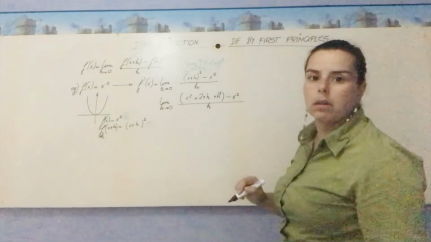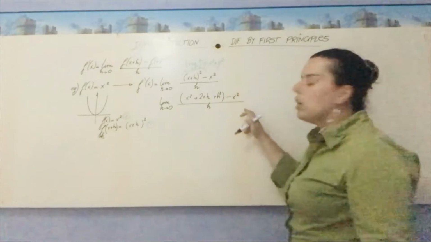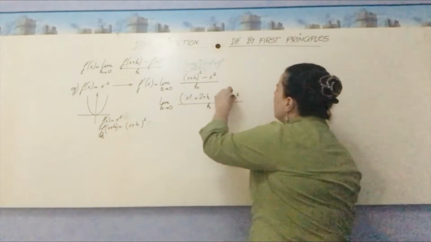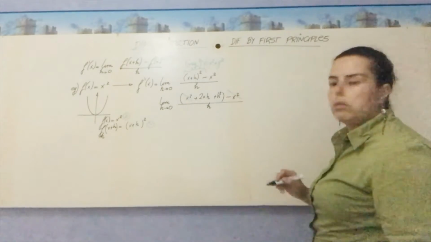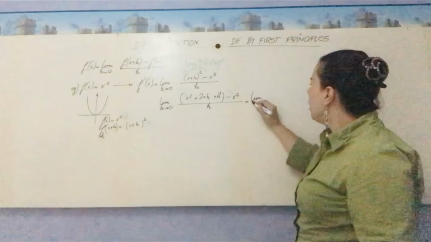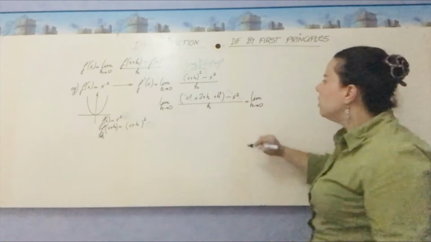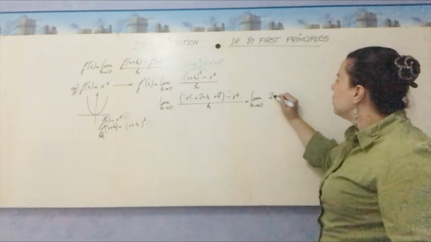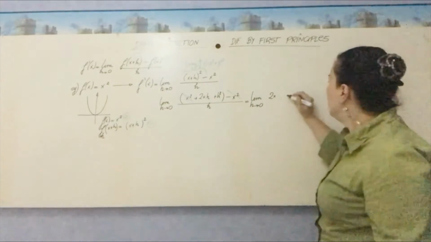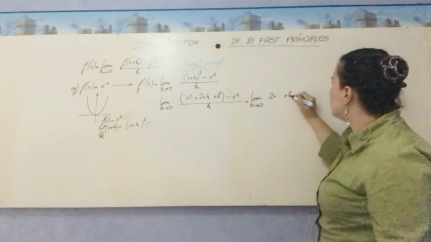So I carry on. And now I begin seeing terms that I will be able to cancel. I've got an x squared here adding, an x squared here subtracting, so what am I left with? Again, limit of h tending to 0 of 2xh, and I see an h there, plus h squared.